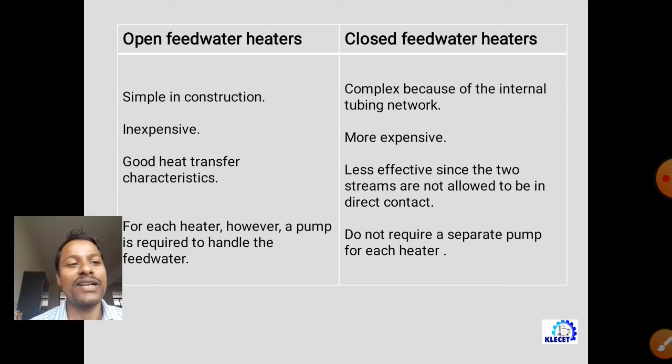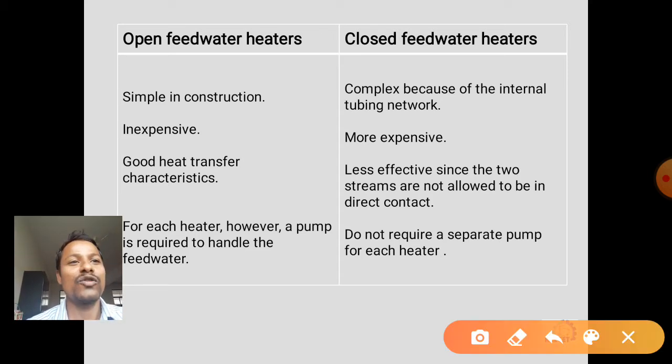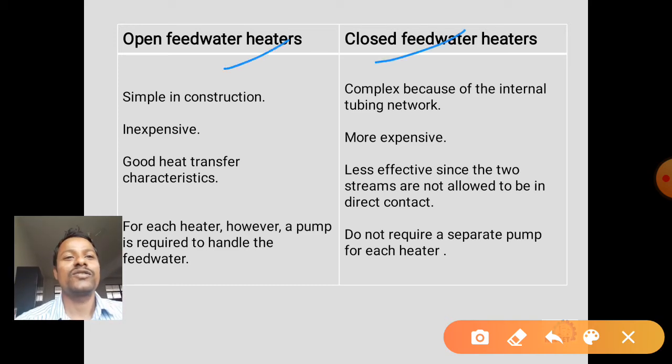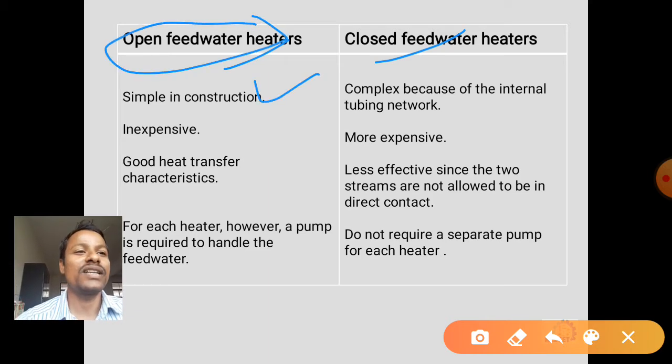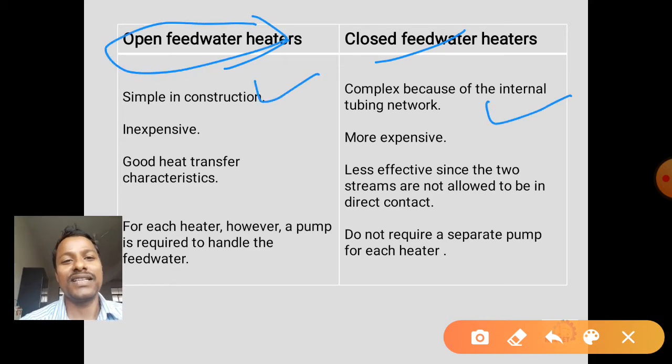So then let's look into the differences between open feed water heater as well as closed feed water heater, a few differentiations. The open feed water heater, as we have seen, is very simple in construction, whereas the closed one is complex because there is an internal tubing network. It's almost like a heat exchanger. Since there are no tubes inside, the open one is inexpensive when compared to the closed feed water heater, which is more expensive.